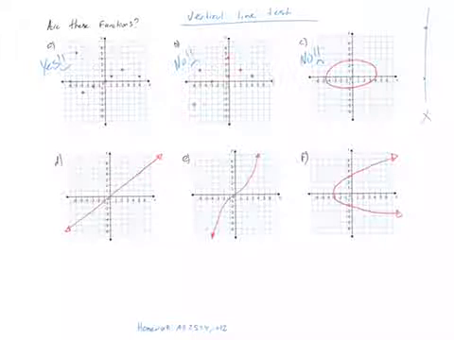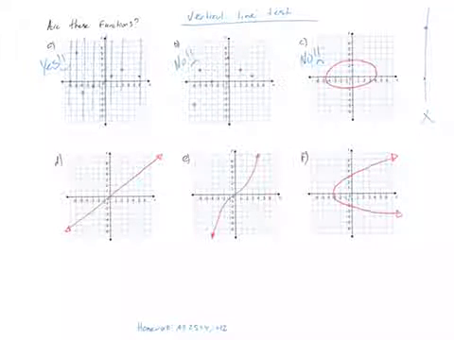So notice over here, as I draw these vertical lines, all these lines only touch 1 point. But as I come over here, this one only touches 1 point, only 1 point, only 1 point, but this one right here, notice it touches it right here, and touches it right here.